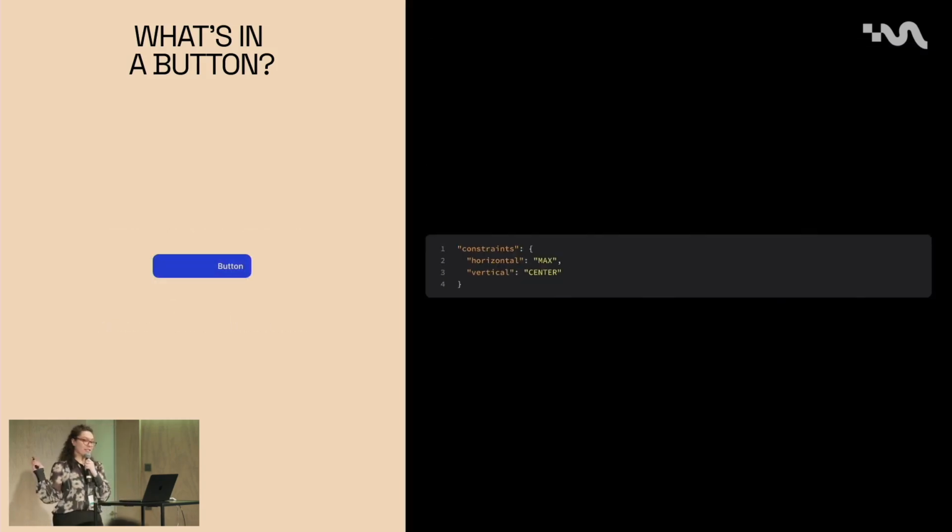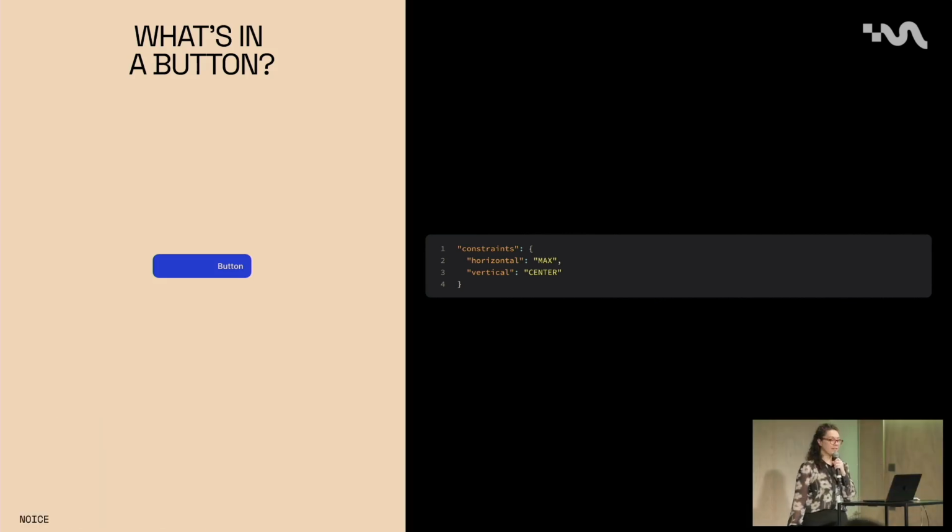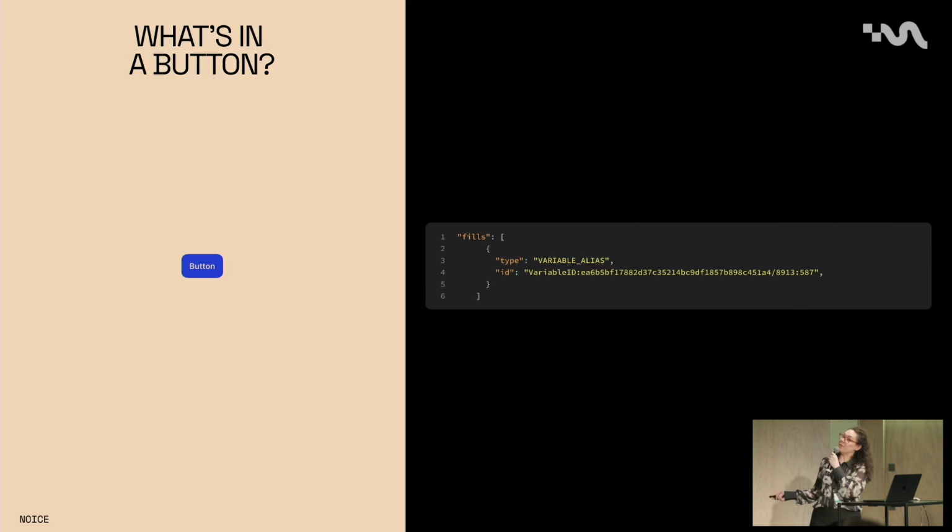Figma understands constraints and responsive behavior. When you pin an element to the right edge and center it vertically, Figma stores that as horizontal max, vertical center. So it's not just remembering pixel positions, it's remembering intent. And with Figma's variable systems, Topher was talking about the design system earlier and how great tokenized design systems are.